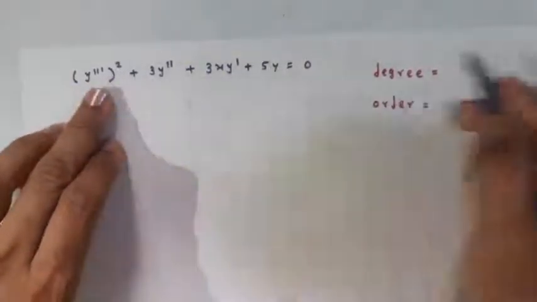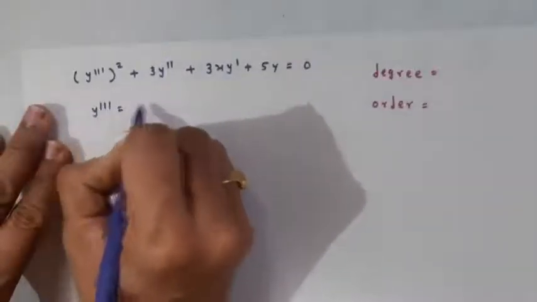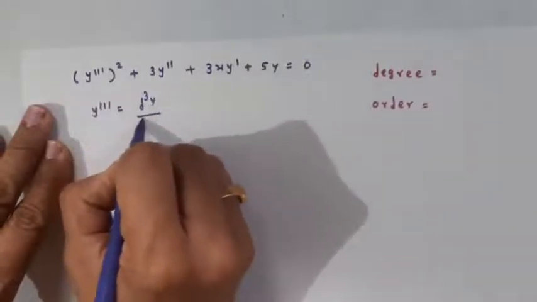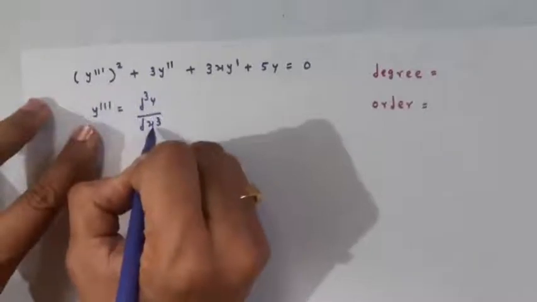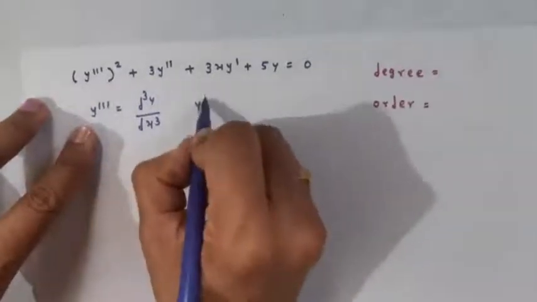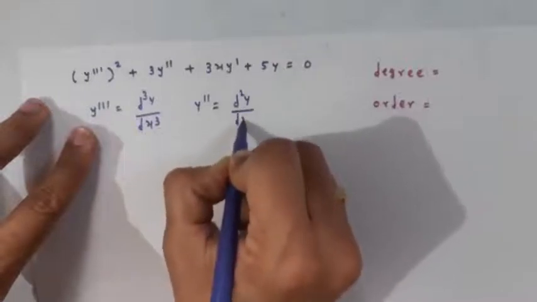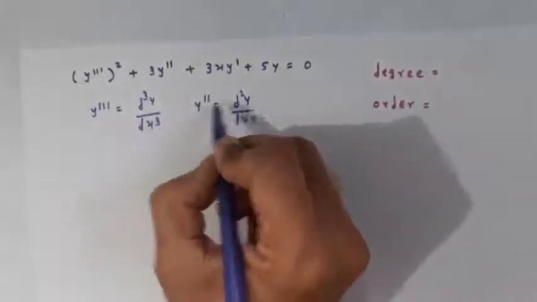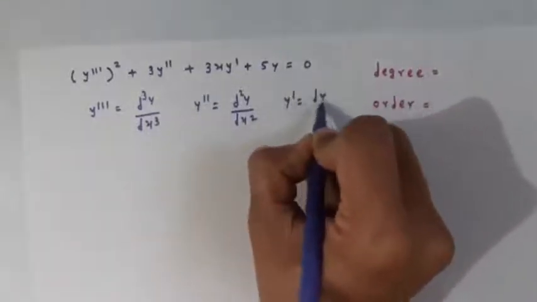Students, y triple dash means d cube y upon dx cube, the third order derivative of y with respect to x. Y double dash means d2y upon dx square, the second order derivative. And y dash means dy by dx.